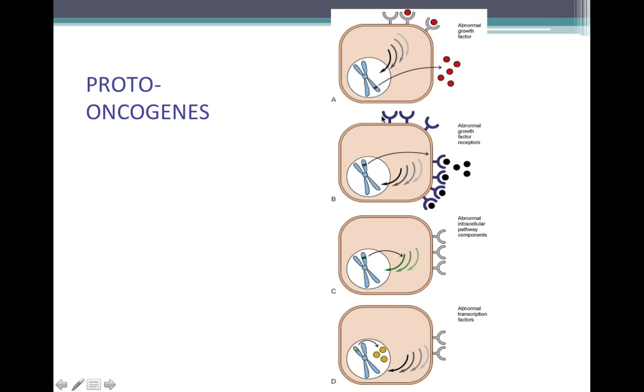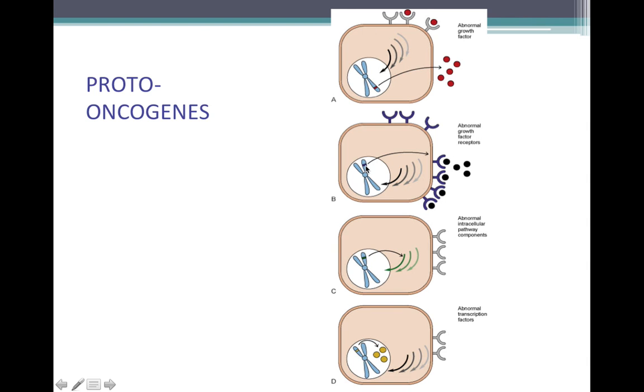Now, what this slide is showing is just some of the different mechanisms that can contribute to cancer. So some proto-oncogenes could be different genes and chromosomes and across these different cells. And with this example, what it's saying is that you might have overactivity of a gene that encodes a growth factor, and this growth factor can cause your cell to divide more rapidly.